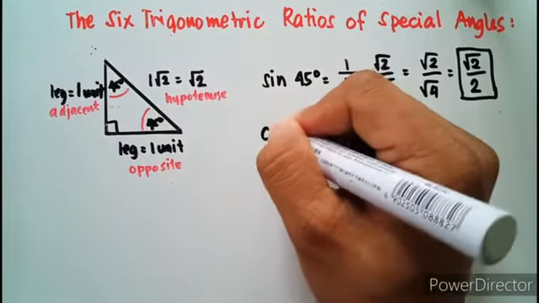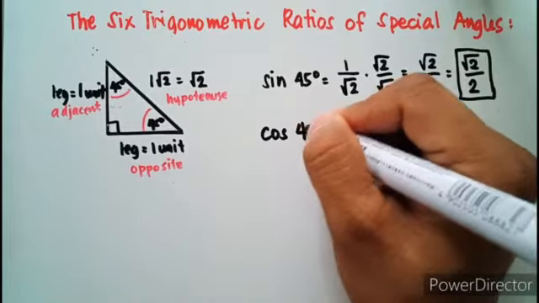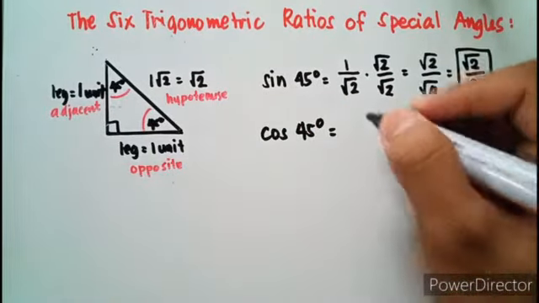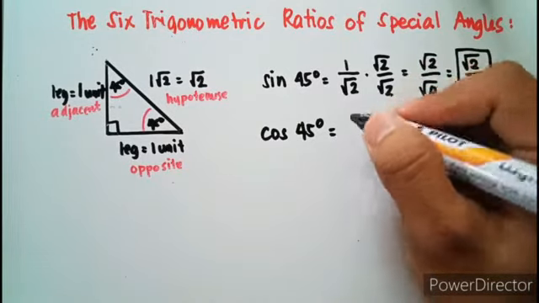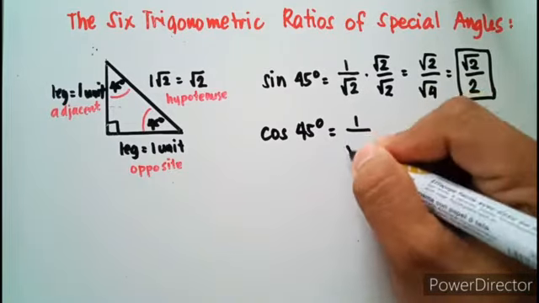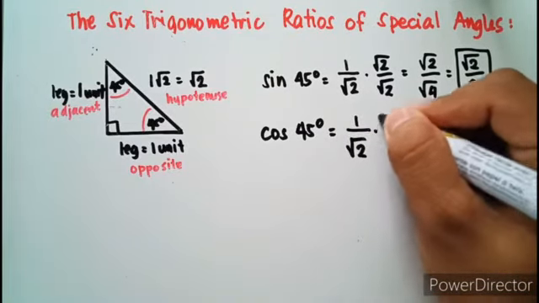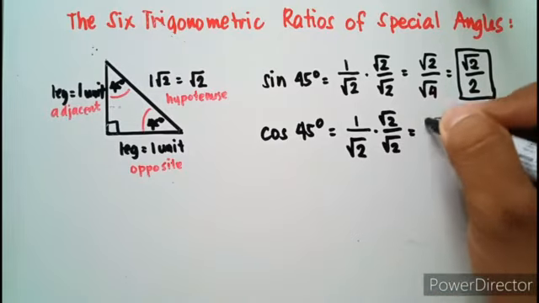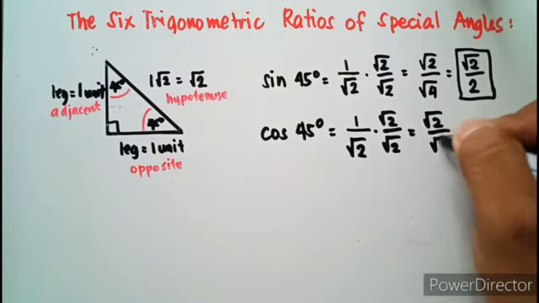Then, our cosine 45 degrees. So, cosine 45 degrees is adjacent over hypotenuse, so that is 1 over square root of 2. Rationalize again, multiply it by square root of 2 over square root of 2. So, that is square root of 2 over square root of 4.